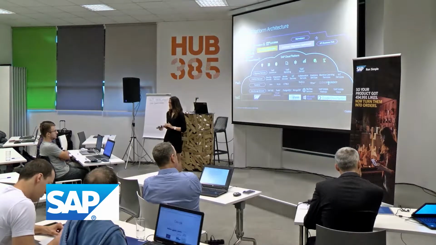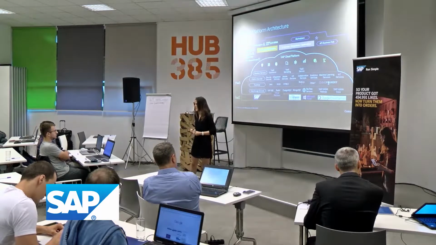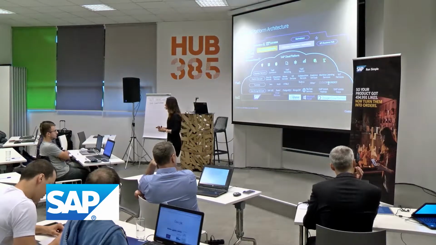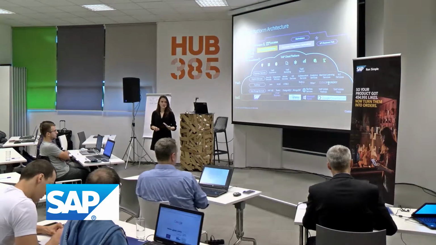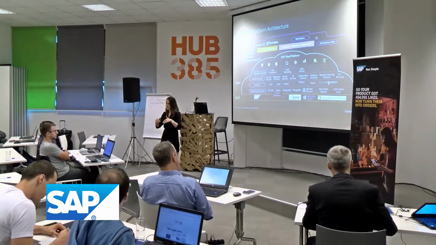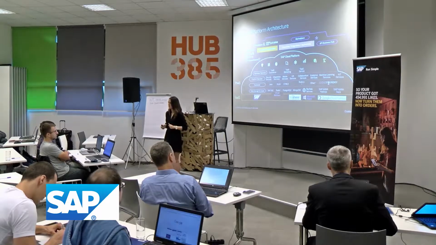Microsoft Azure is in beta testing, and Google Cloud Platform will come really soon. What does this mean? If you have customers who are interested in having some other kind of infrastructure, you will have the possibility to still have all these services offered by SAP Cloud Platform in other infrastructures. That's one thing.